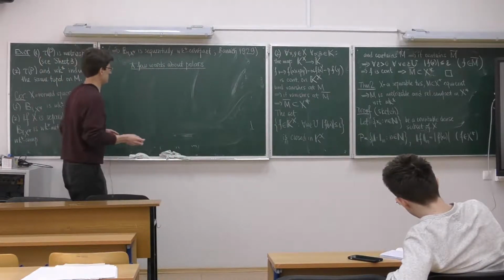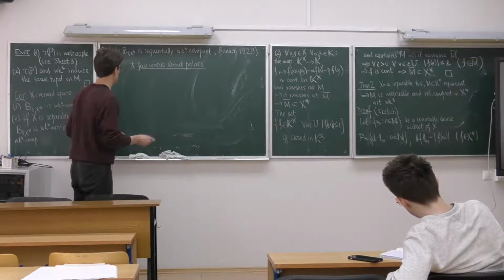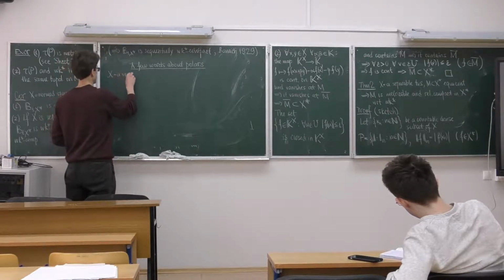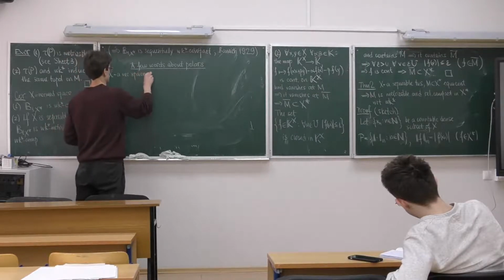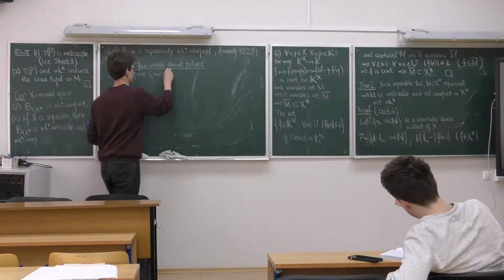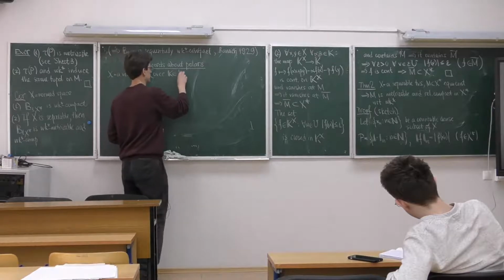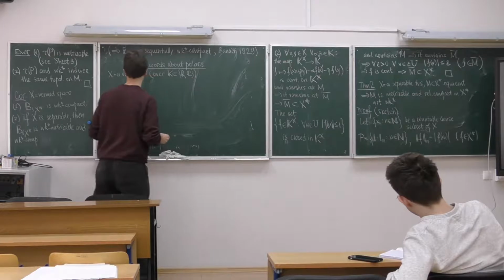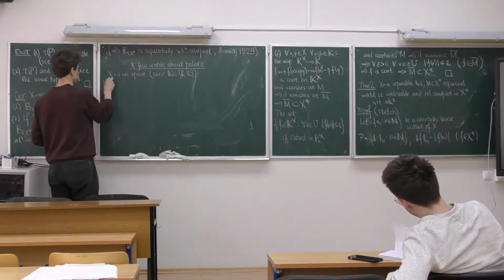So again, first of all, we take an arbitrary vector space. X is a vector space, as usual, over the field of real numbers or the field of complex numbers. Now let's recall the following definition.